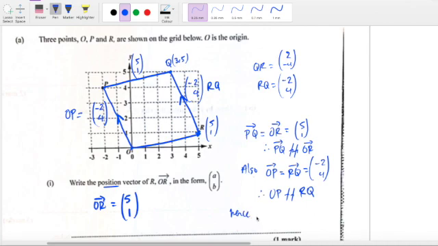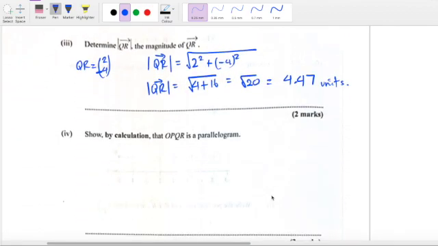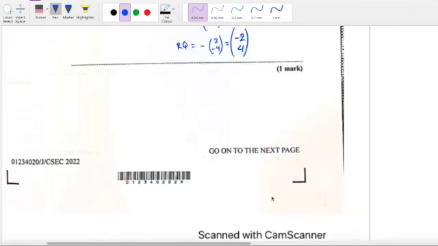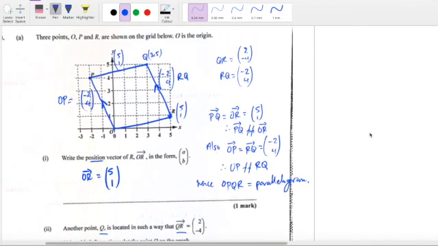Hence, OPQR, is that what they wrote it as? OPQR is a parallelogram. Nice. Moving on.